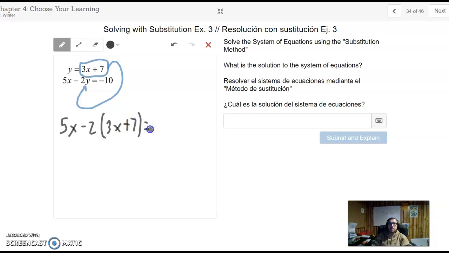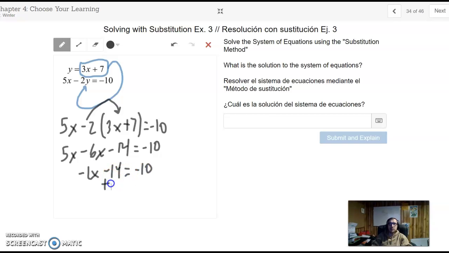And that is equal to negative 10. I need to distribute this negative 2 all the way through. So we get 5x. Negative 2 times 3x is negative 6x. Negative 2 times 7 is negative 14. Anything I can combine here? Oh yeah. 5x minus 6x is negative 1x. Minus 14 equals negative 10.